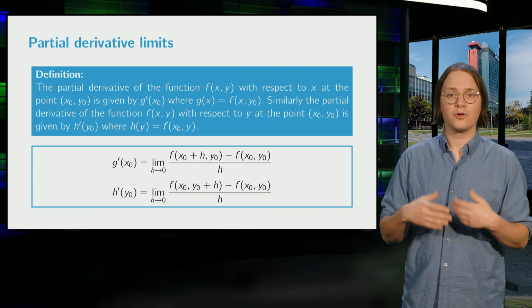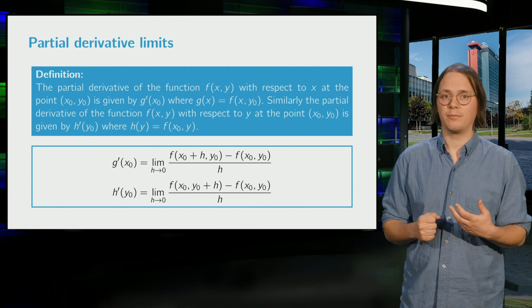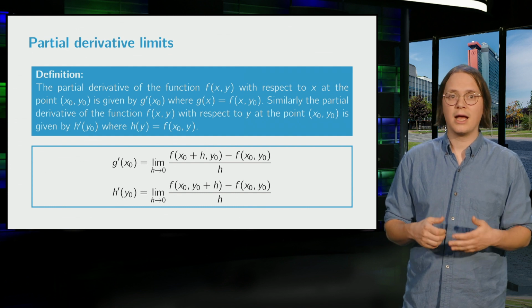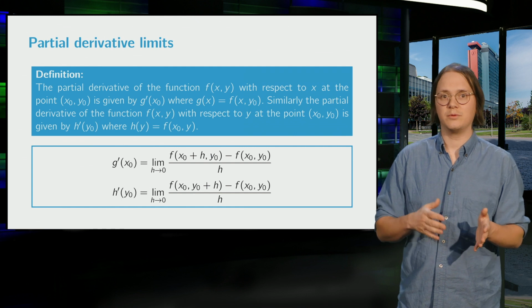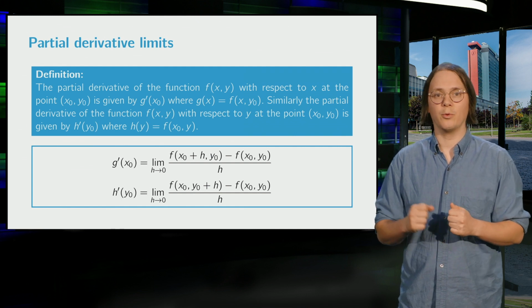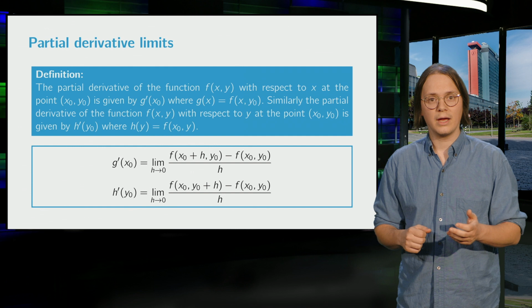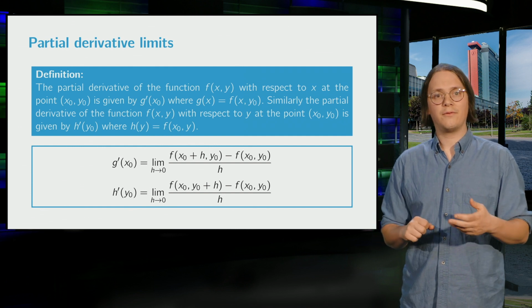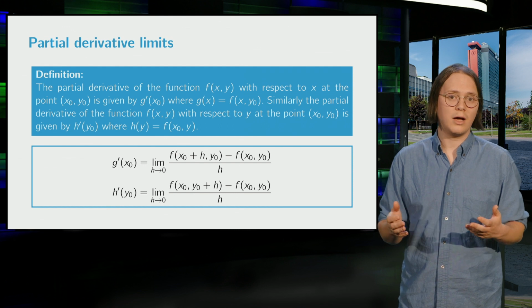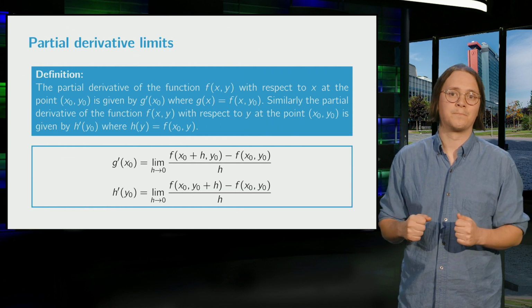In particular, the quotient appearing in the definition for the partial derivative with respect to x has a step size h in the denominator and the difference in function value as we take a step in the x direction in the numerator. We then take the limit as the step size goes to 0. The definition for the partial derivative with respect to y is, of course, similar.